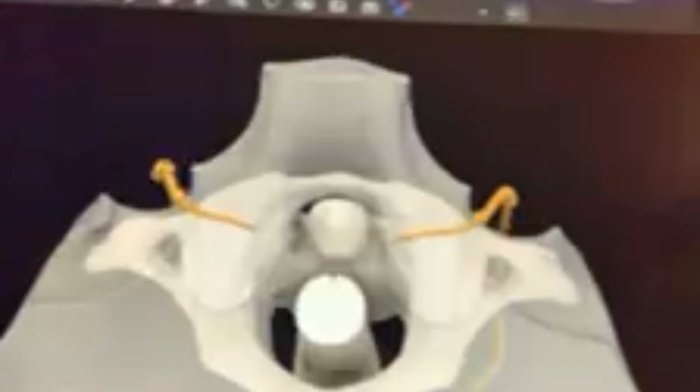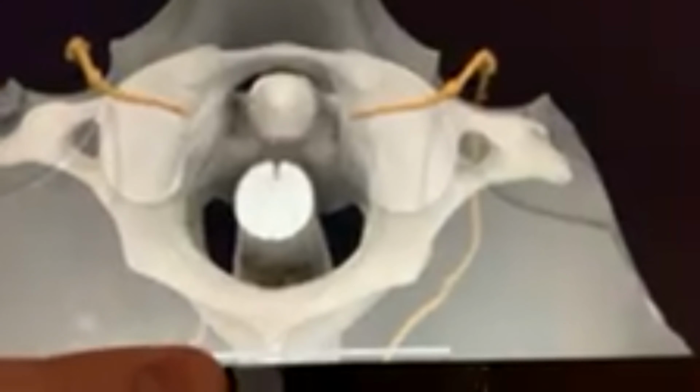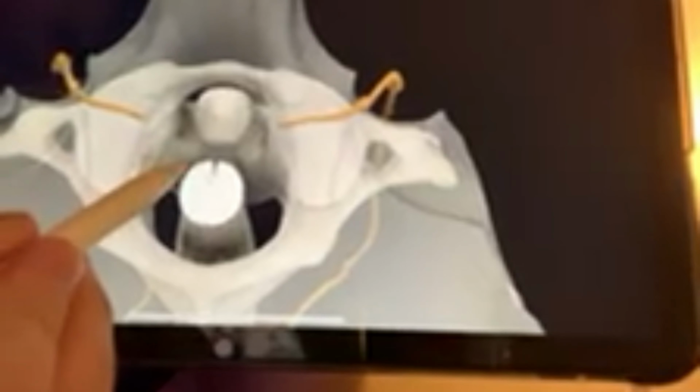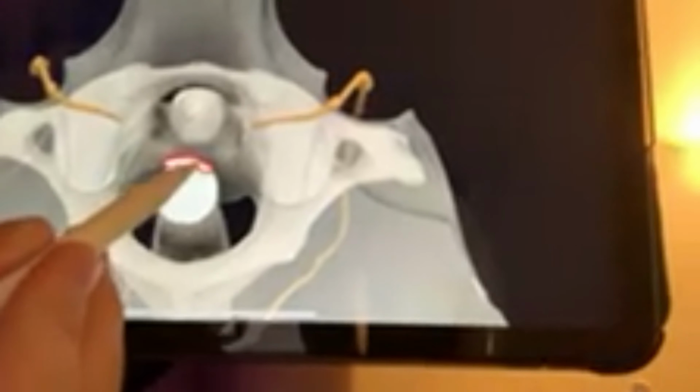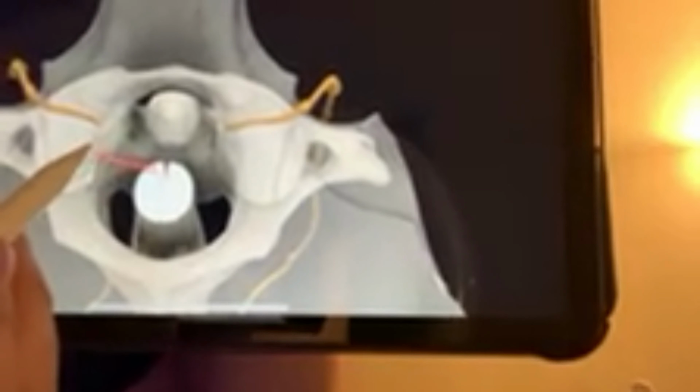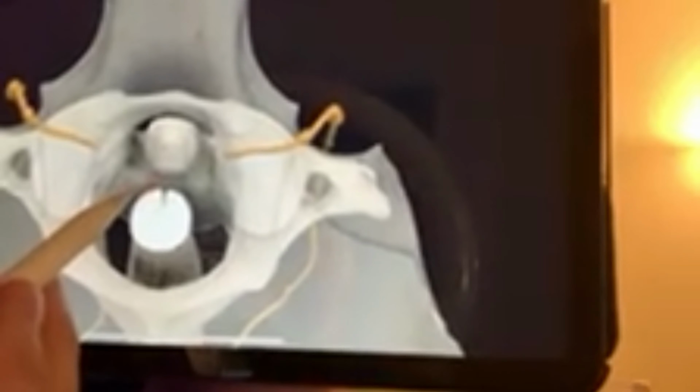And so if we check this picture, and I turn the light off so you can see, when the atlas subluxates and goes posterior, it can hit this part of the spinal cord. Now this is the ventral part of the spinal cord, which is sympathetic. So if we had an LP in this case, it could hit that sympathetic part of the spinal cord and cause that Bell's palsy.